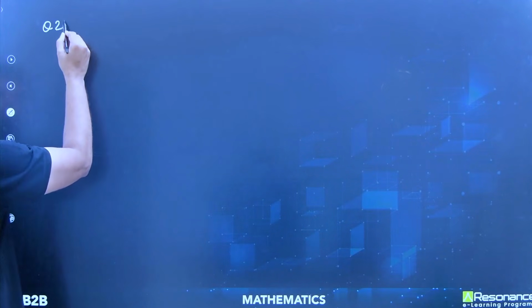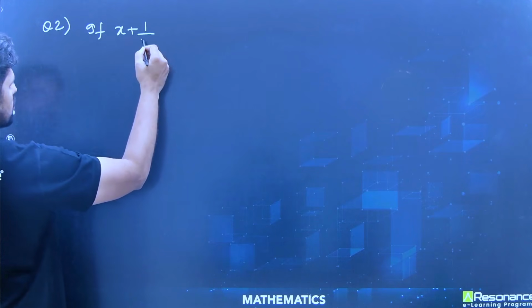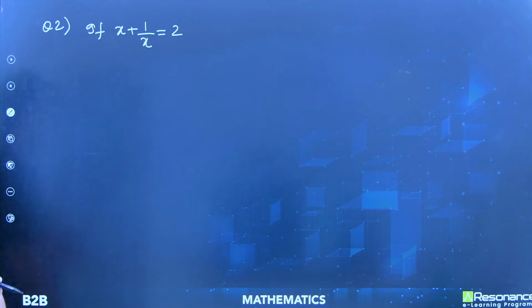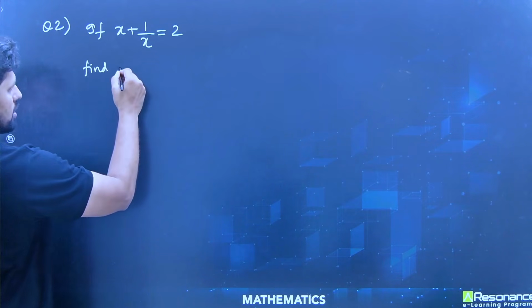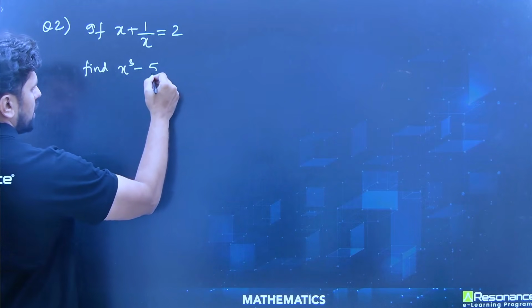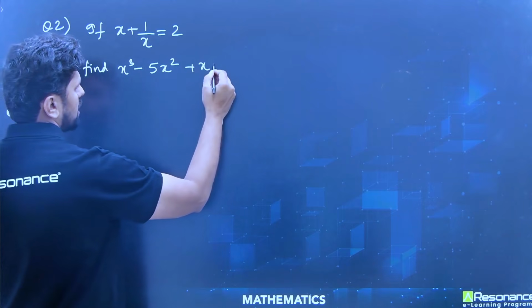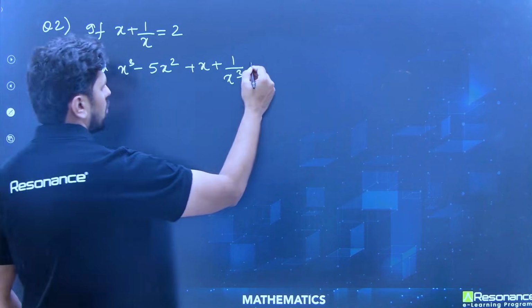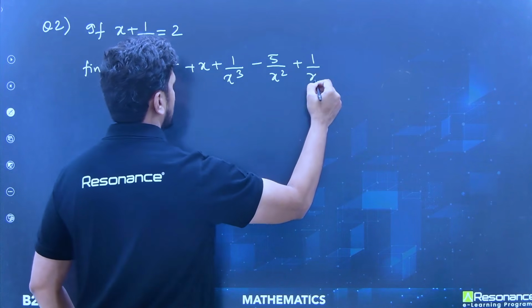Question number 2. If x plus 1 upon x is equal to 2, find x cube minus 5x square plus x plus 1 upon x cube minus 5 by x square plus 1 by x.